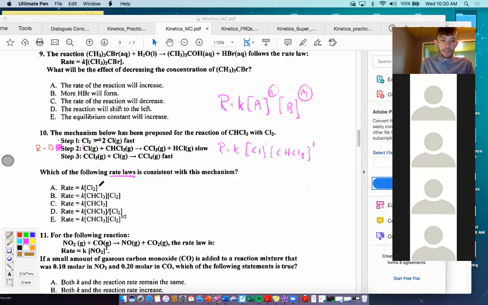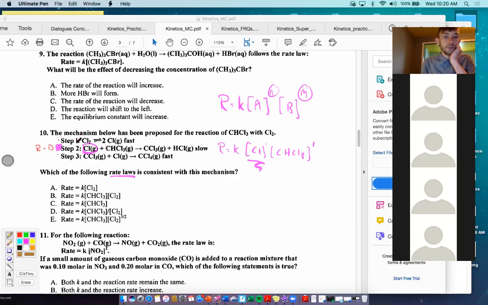Unfortunately, this does not seem to be any one of my answers. And it looks like the trouble is with this Cl right here. Mr. Hibba, can you tell me what that Cl is?